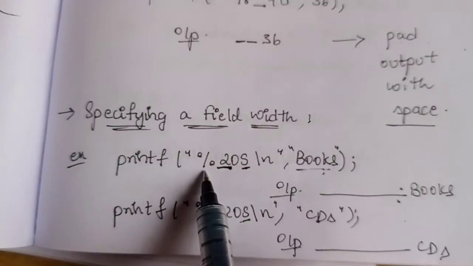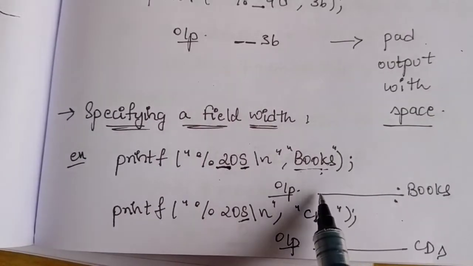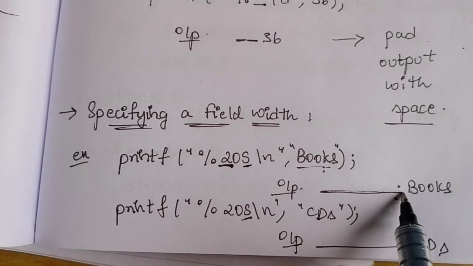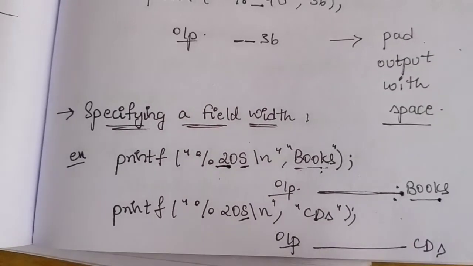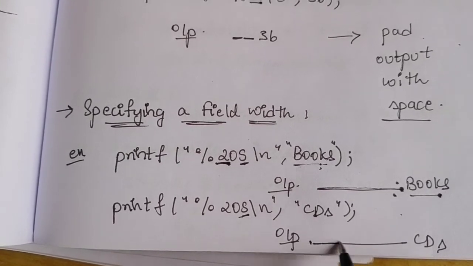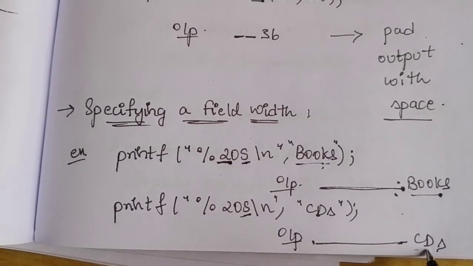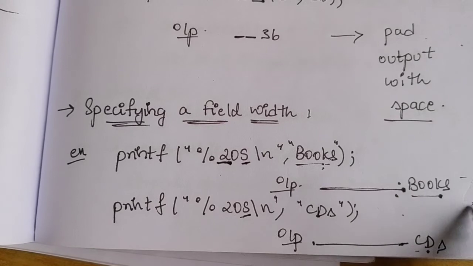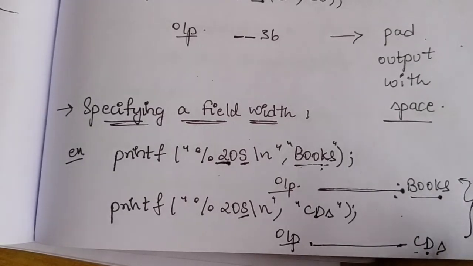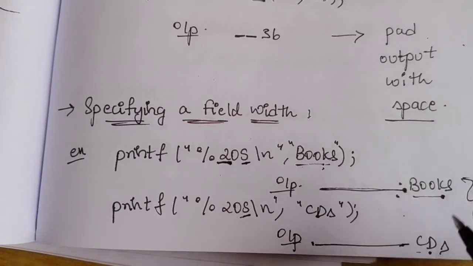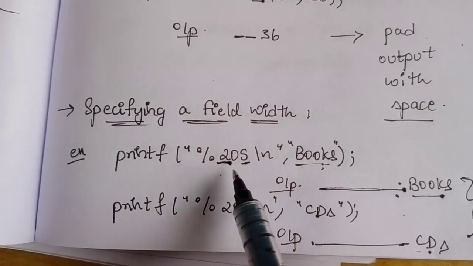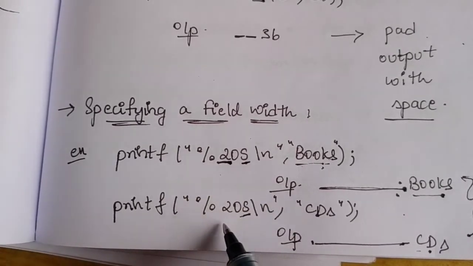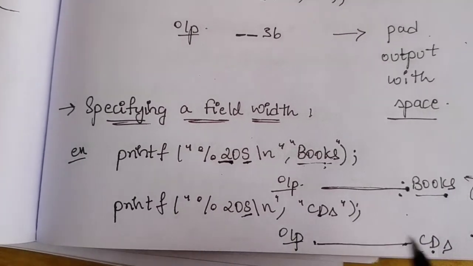Like if we write %20s, then it will leave 20 character spaces and then it will print books. Similarly, it leaves 20 character spaces and then it will print CDs. In this way, we can specify a field width by giving the conversion specification like this, %20s, for string data type.